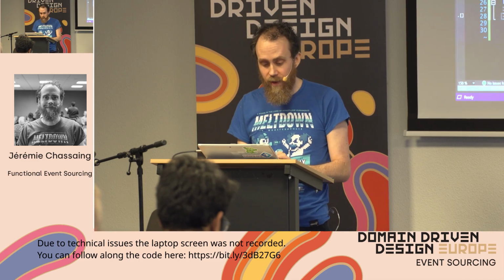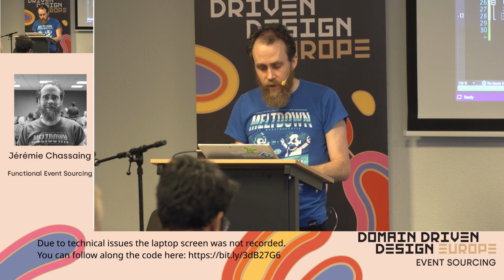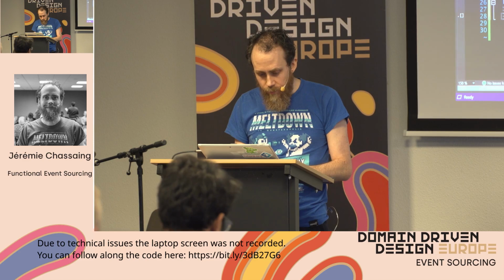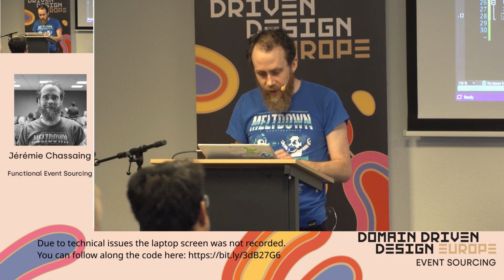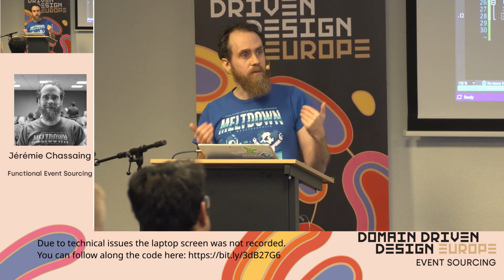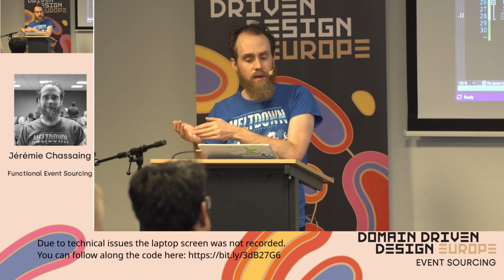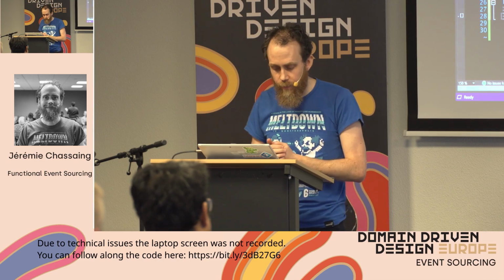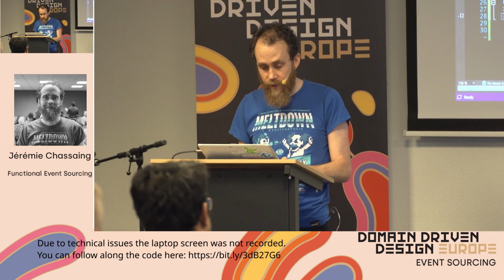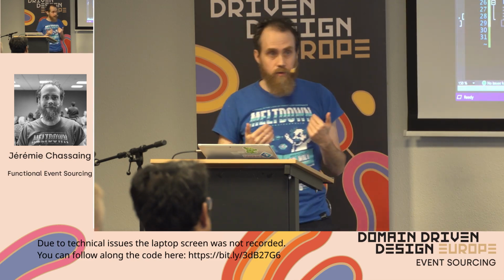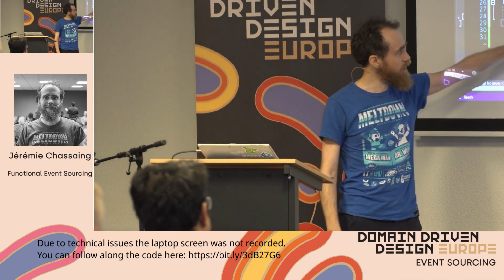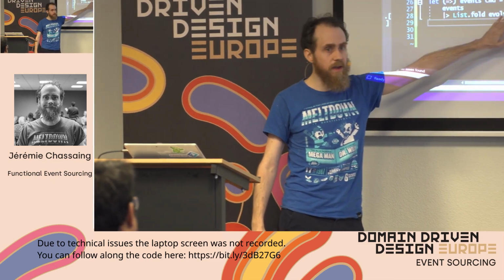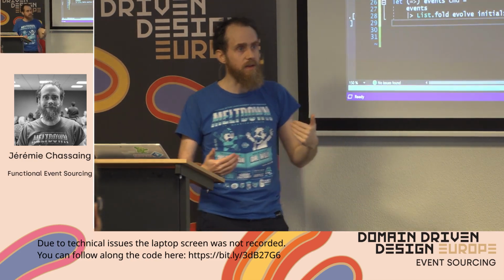So it's actually what our evolve function does. Evolve like that, and it asks for an initial value to feed the function with the first element in the list, and we have a value for that. It's initial state. So when I do that, I take my events, the evolve, the initial state, and the result is my current state. Great.